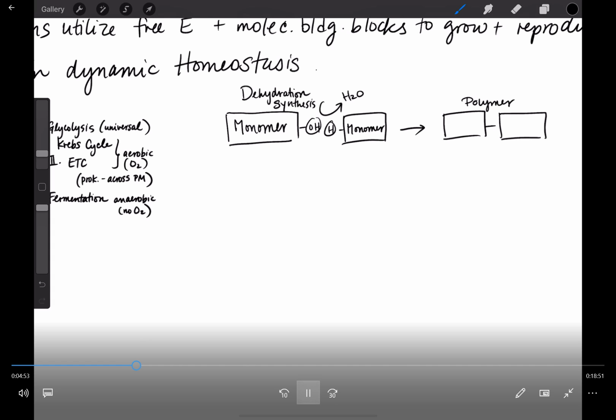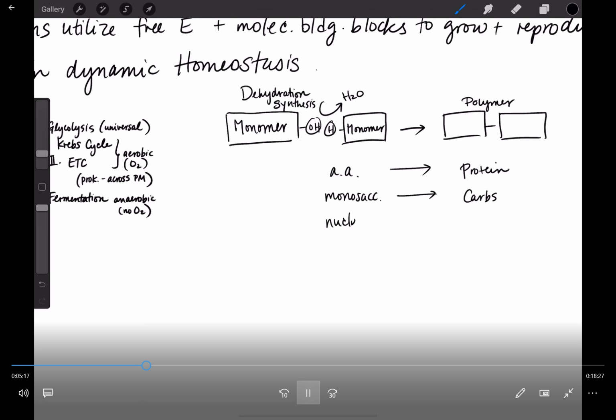And just a quick review, there are 4 groups of organic compounds. You've got amino acids, which form your proteins. We have monosaccharides that form your carbs.